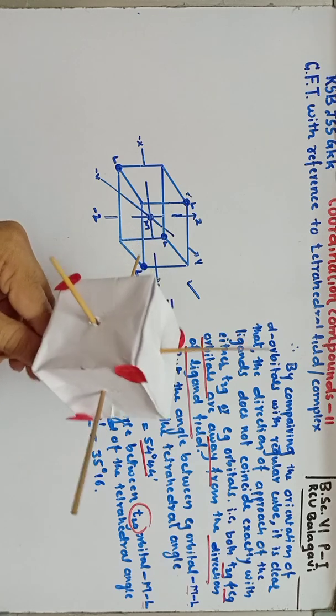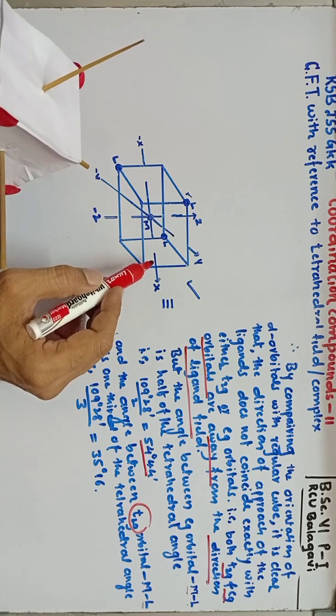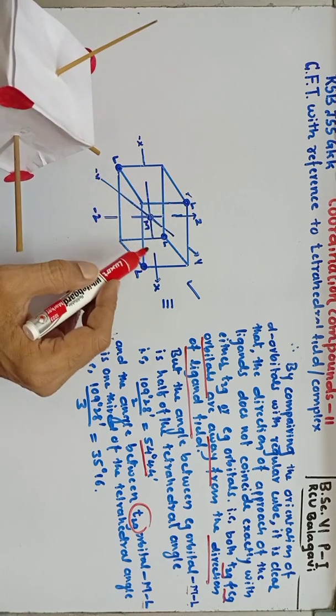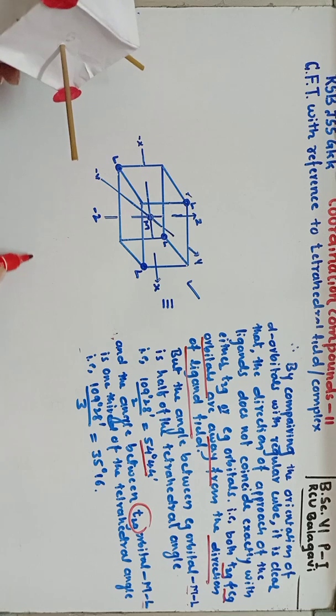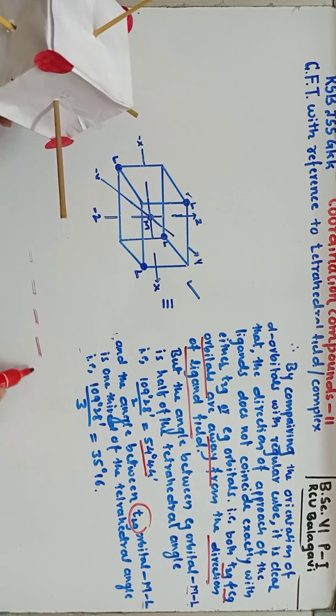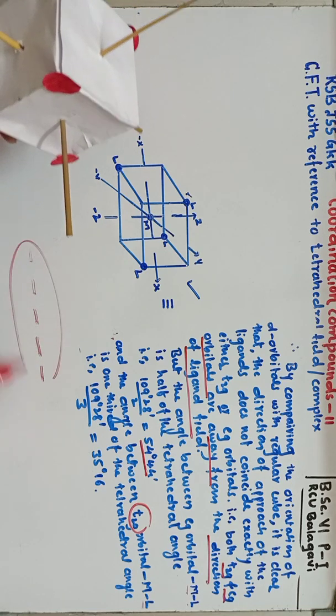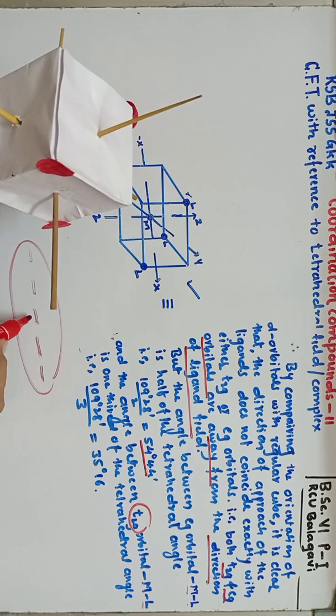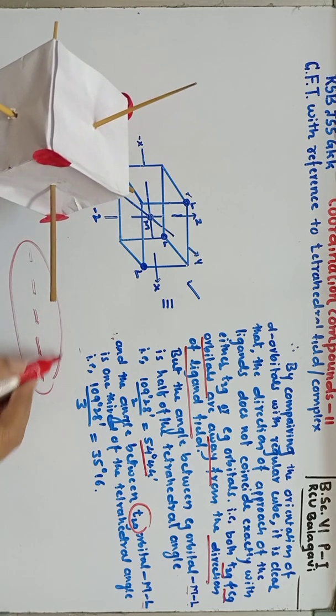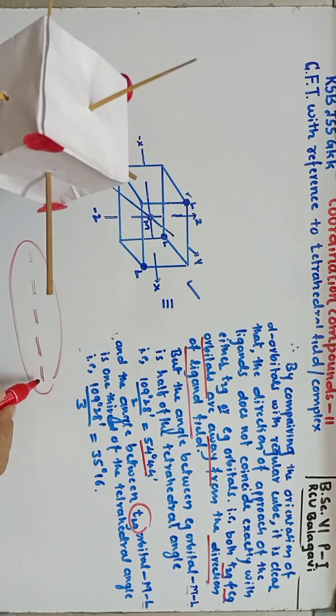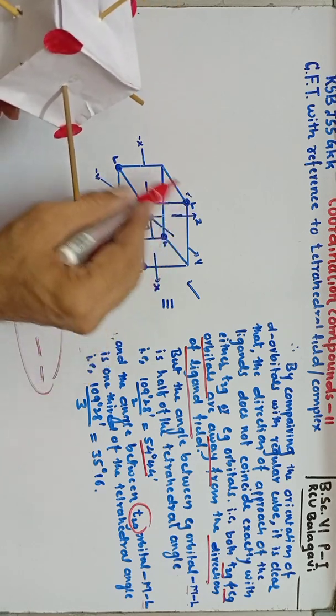Therefore, a tetrahedral complex does not produce a spherical field around the center metal ion, so the five degenerate d orbitals will not experience a spherical field in the tetrahedral field.